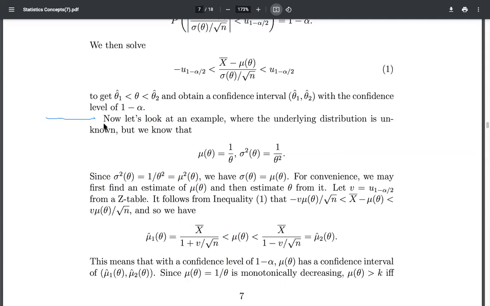The expected value is 1 over theta. The variance is 1 over theta squared. So in this case, we just need to figure out one theta. So then we know that sigma theta is just mu theta. So what we're going to do is find out, we want to get an estimate of mu theta.